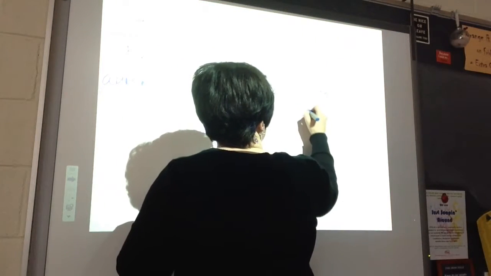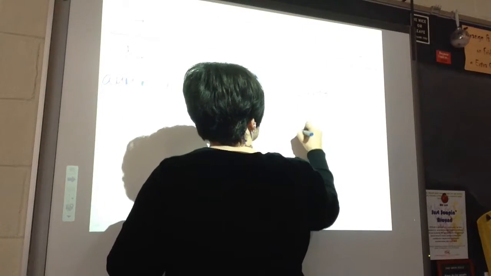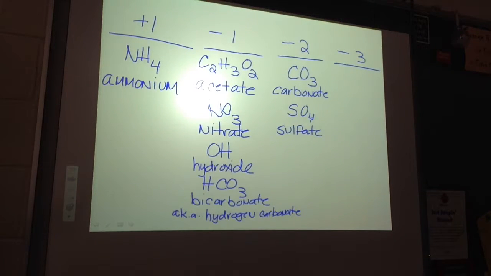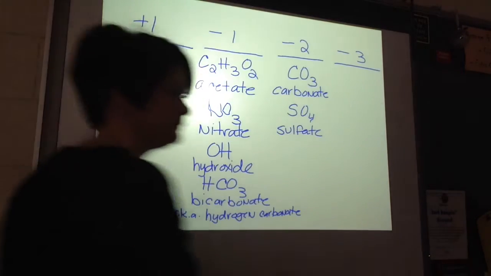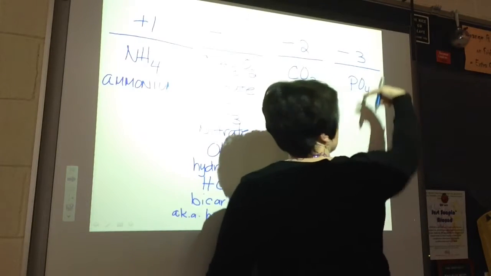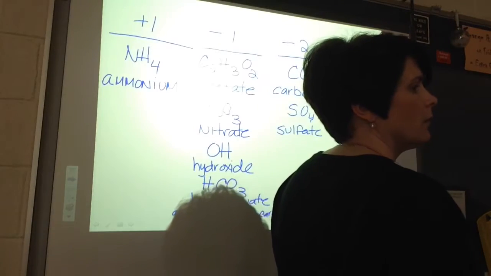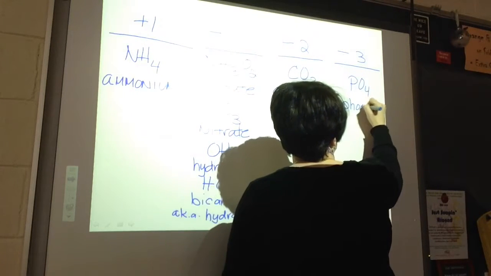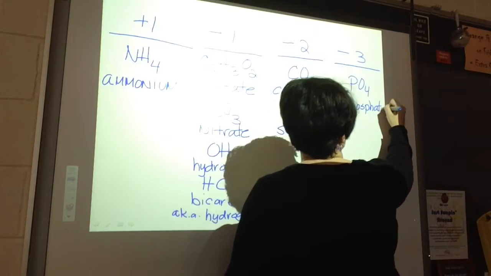We also have SO4, which is sulfate. And lastly, we have one polyatomic anion with a -3 charge, and that is phosphate, PO4.